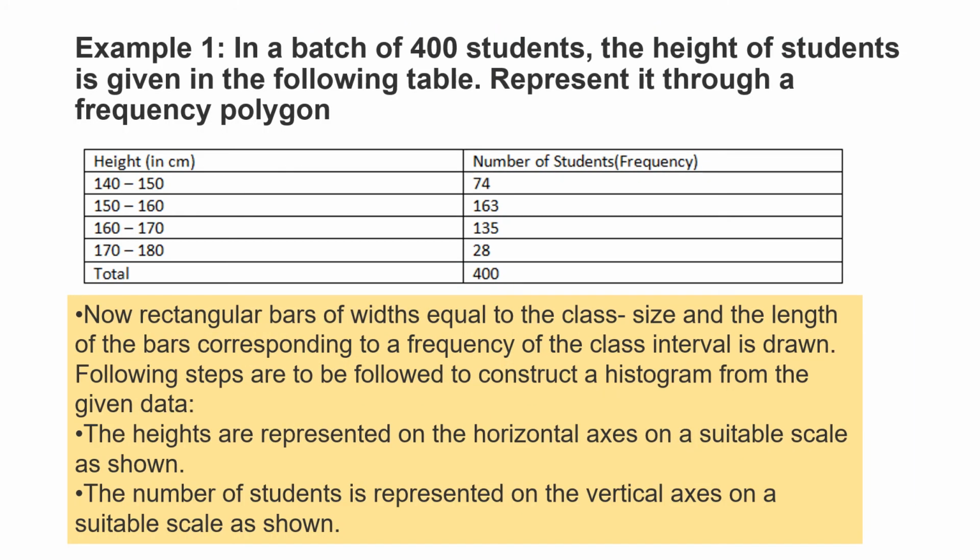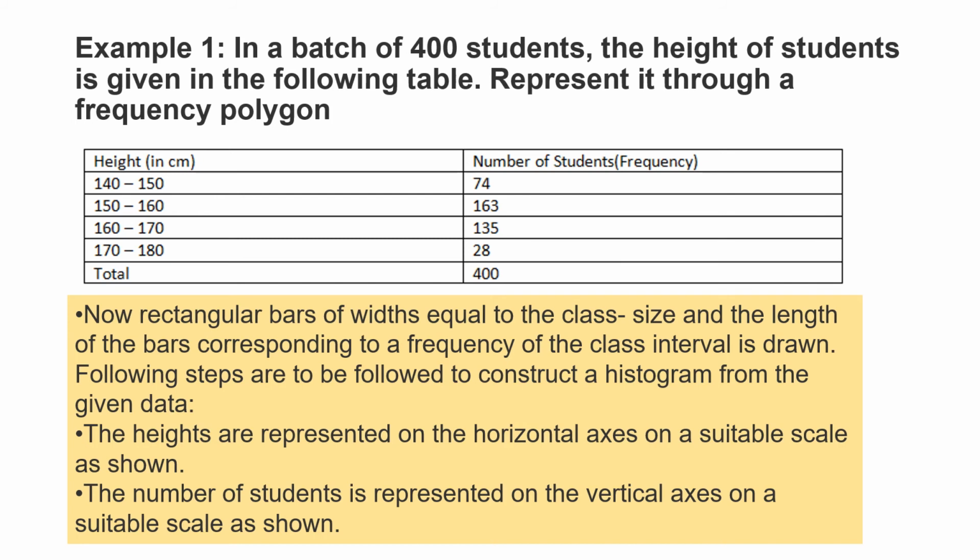See over here. In a batch of 400 students, the height of students is given in the following table. 140 to 150, 74. 150 to 160, 163. 160 to 170, 135. Now we are going to create a histogram as we created in the previous topic.